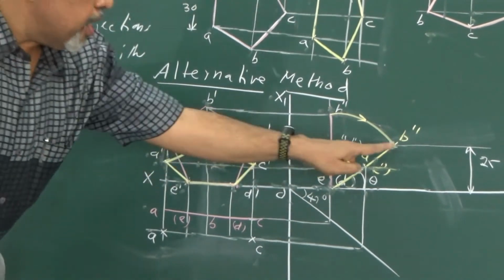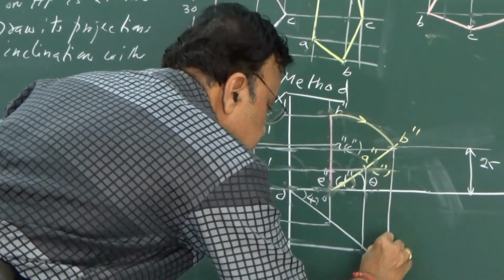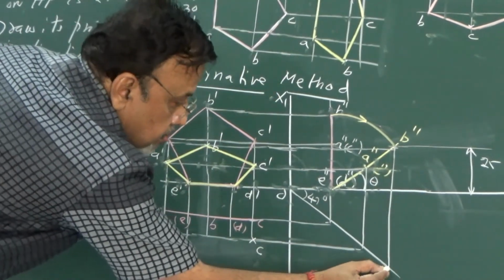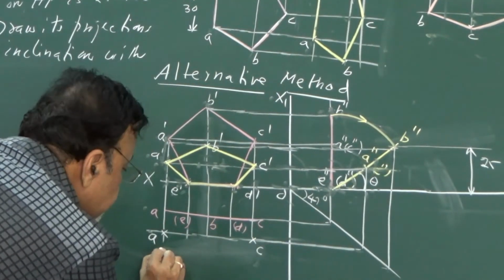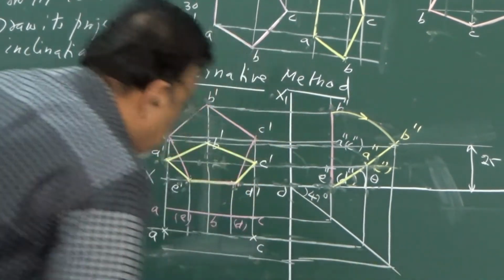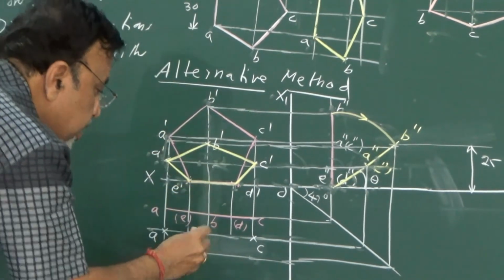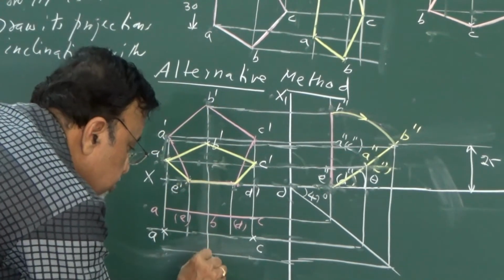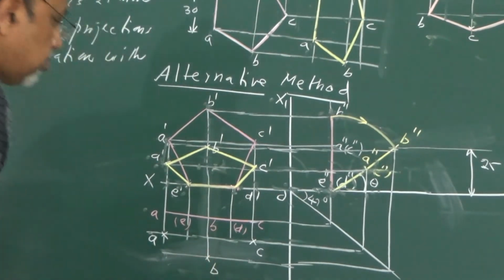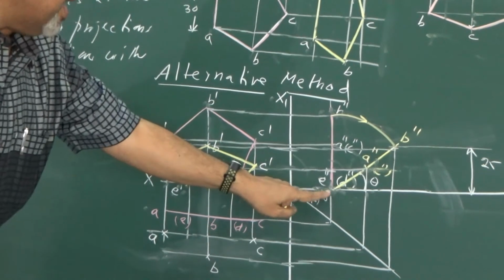Then I need to get this B. So again I need to draw this vertical projector and horizontal projectors. Let us say this is the horizontal projector, and B should be on the same projector as B dash. It will come here. So this is B. So what about A and E?